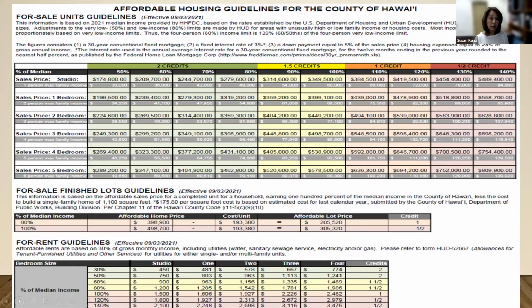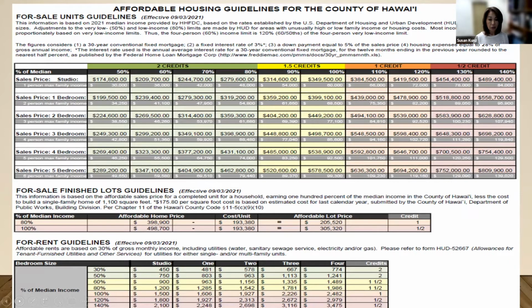I like to share this chart because when I talk to particular groups, those who are not really familiar with area median income and what the income level for those categories are, this is a really helpful chart. This is a chart that actually comes from what we use to administer our Chapter 11, the Affordable Housing Code.